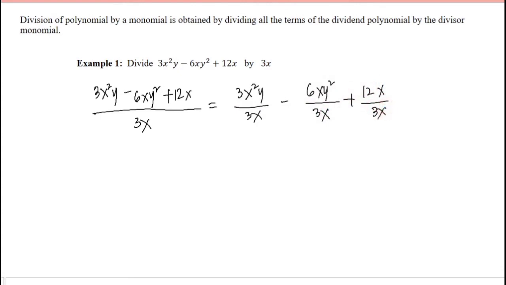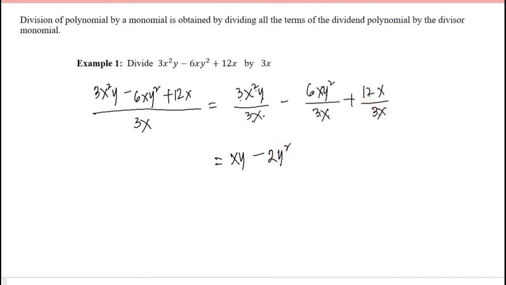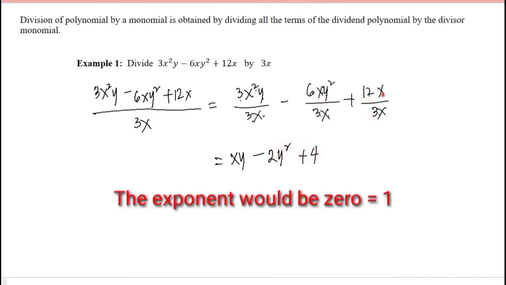Then for the first term, 3 divided by 3 is 1, x squared divided by x, 2 minus 1 is 1, so that's x times y. And negative 6 divided by 3 is negative 2, x divided by x, that would be x to the 0 already, and that is y squared. 12 divided by 3 is 4, x divided by x is x to the 0.